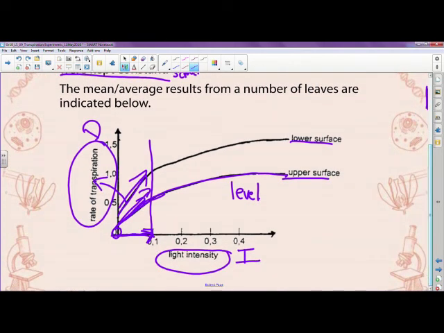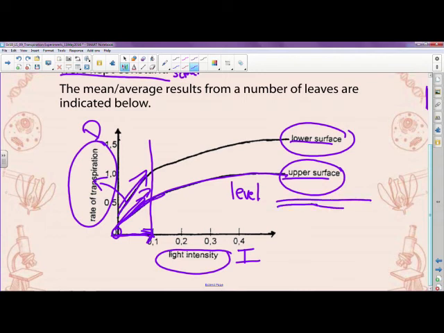The upper and the lower surface of the leaf. On the upper surface of the leaf, remember when you did your leaf, what do you not have? You do not have stomata. On the lower surface of the leaf, what do you have? Stomata. So where does transpiration usually occur? On the lower surface.